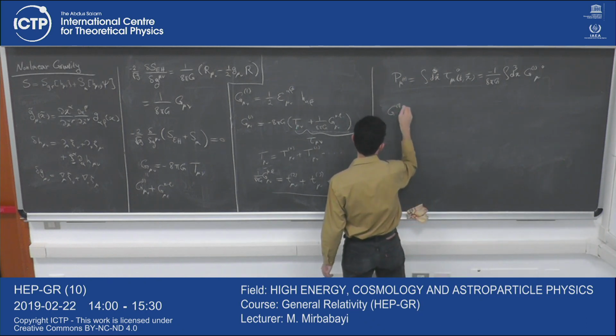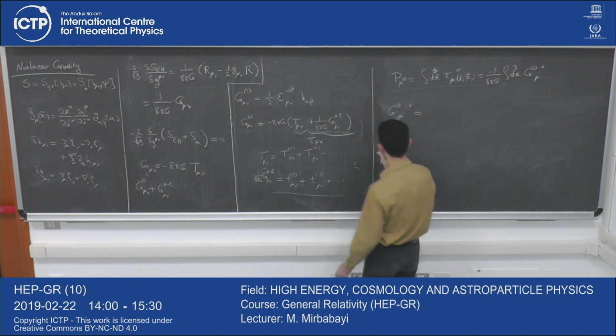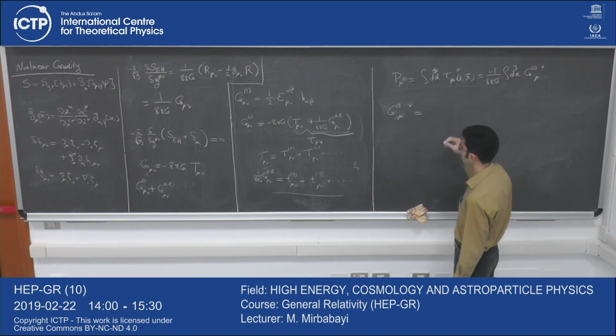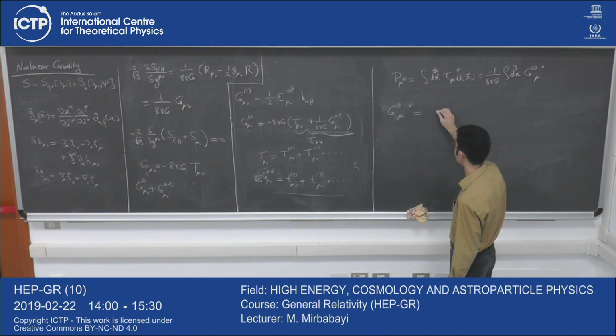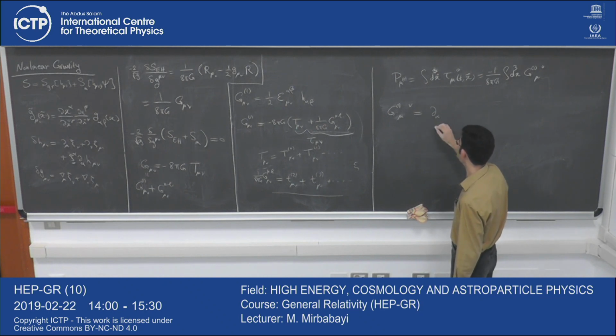This G1 0 mu, or G1 mu nu in general, has the following interesting property. It's related to the fact that it is identically conserved. It can be written as the derivative of some other tensor.